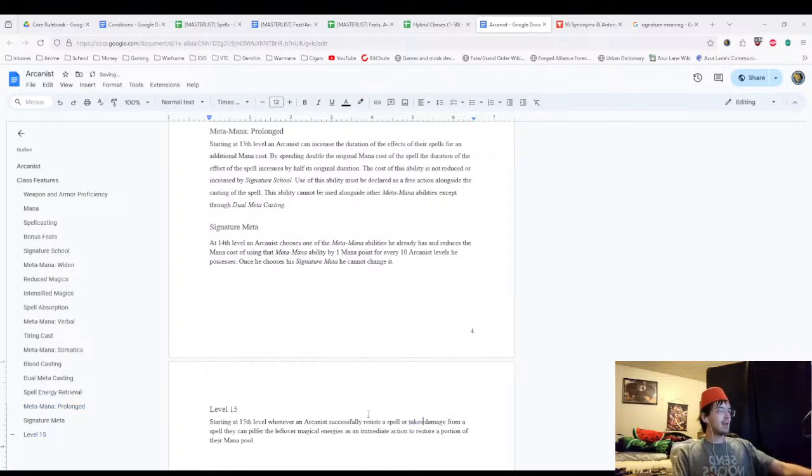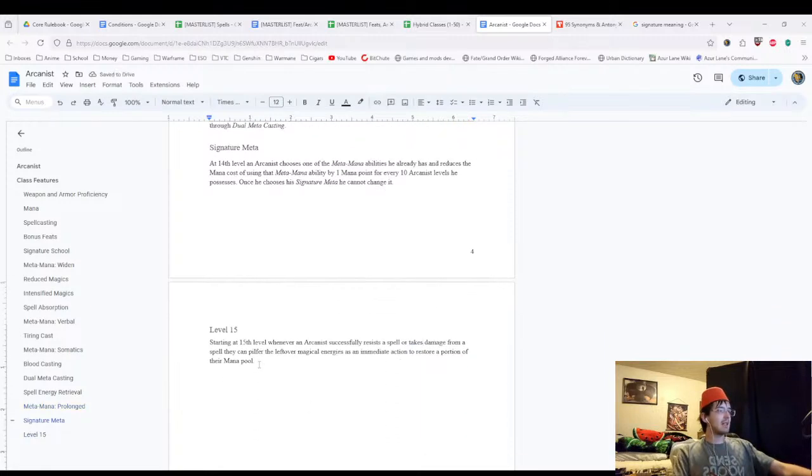They can pilfer the leftover magical energies as an immediate action, restoring a portion of their mana pool equal to the spell's tier. Simple, you know.